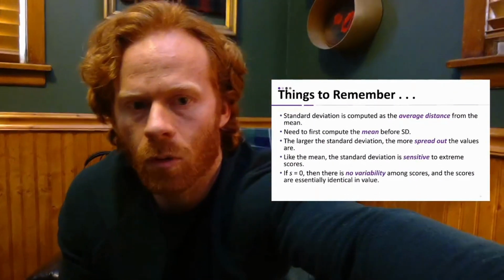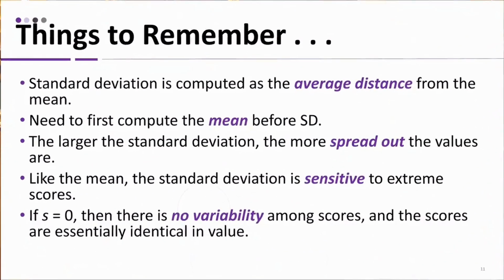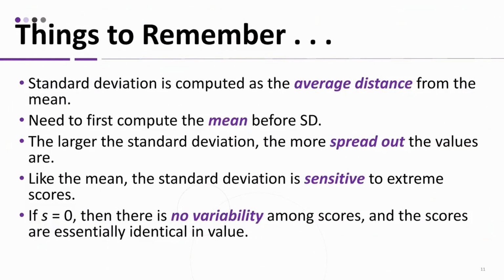A couple things to remember about these. Like I said, it's the average distance from the mean. You need to have that mean in place before you start to formulate the standard deviation. If you remember, x bar was in the formula, and that represents the mean.